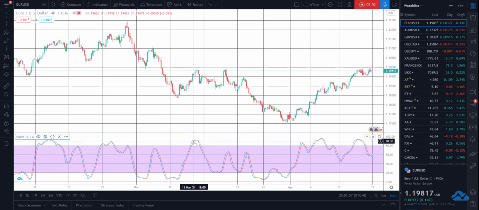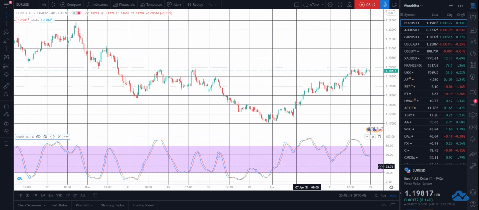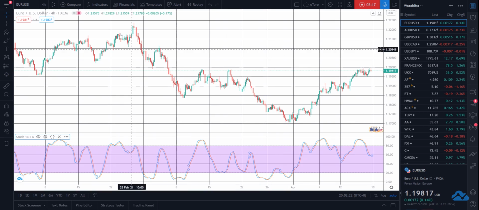Some people just refer to these two lines, 80 and 20, as overbought and oversold areas. In a range market, maybe that's a good term to use, but in trendy markets, I call it momentum. So if we are in a downtrend and price goes below 20, it's not always oversold.